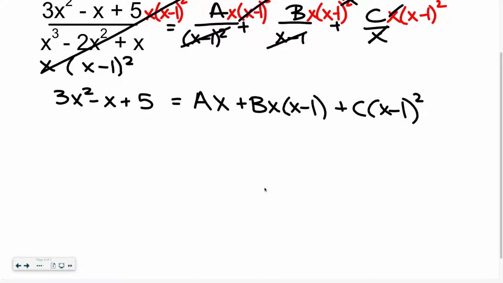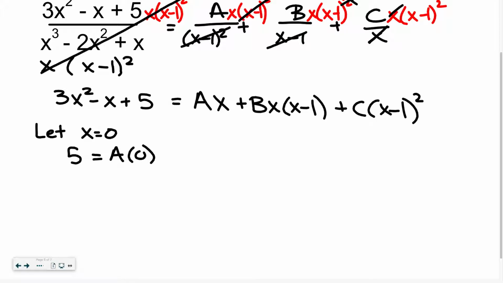Okay. What do you want to let x be? What would be good numbers? 0 and 1. Okay, so we'll start with 0, one at a time. Let's let x equal 0. You just sub it in for all the x's. 3 times 0 squared minus 0, that's just 0 plus 5, so we have 5 equals a times 0.